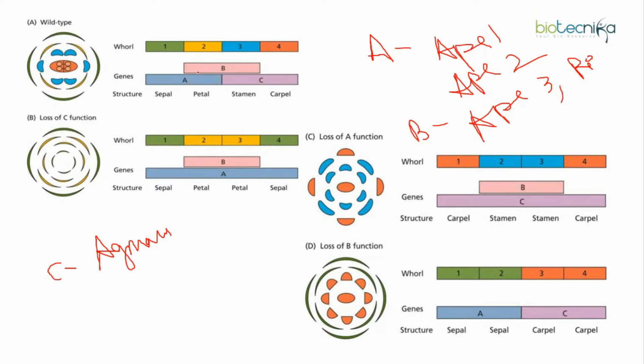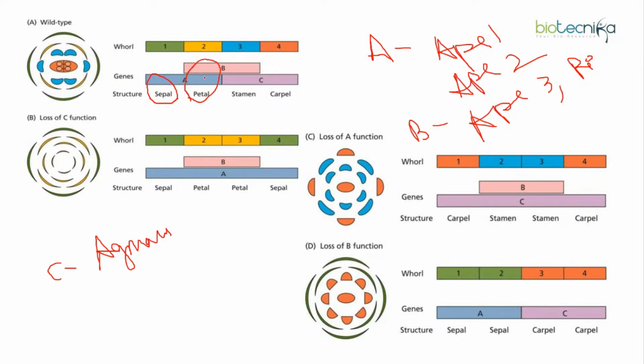Now see. Class A gene is enough to form the sepal. Look how I am marking. Okay, that is important. Class A gene is enough to form the sepal. Class A and B genes are required to form the petal.